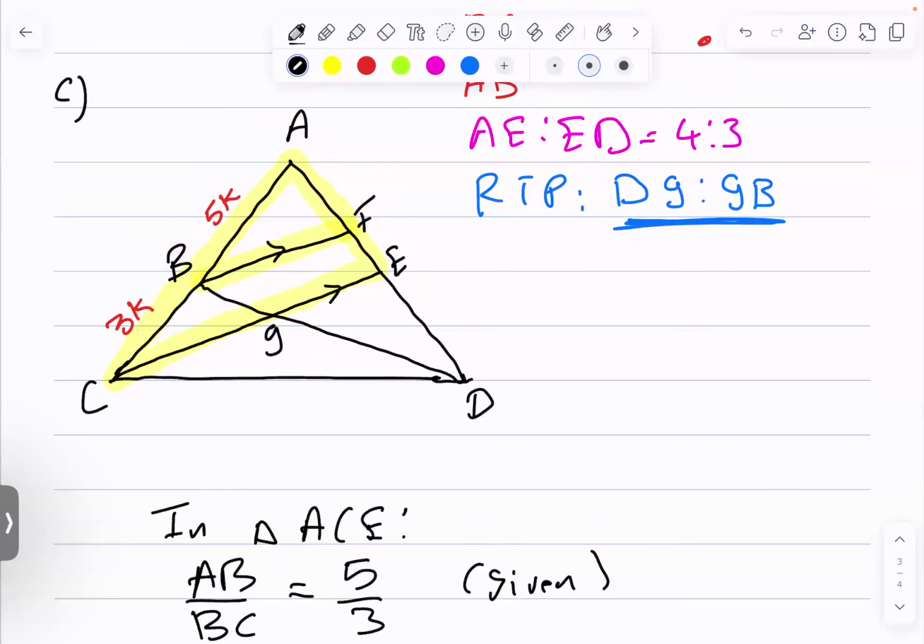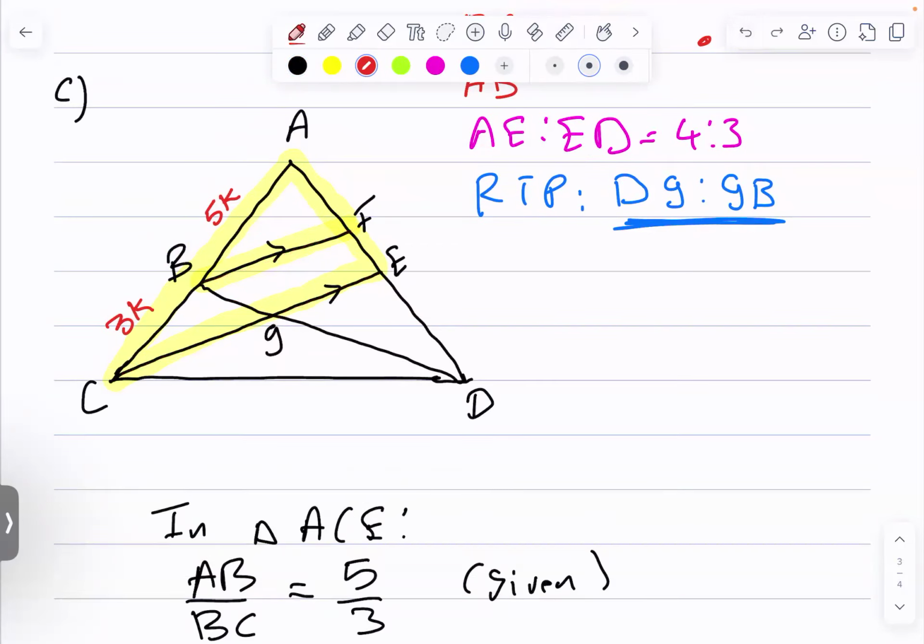But because of the proportionality theorem, we realize that because of this parallel line here and this parallel line here, AB is connected to AF, and BC is connected to FE. The people are with me. All right, we continue.